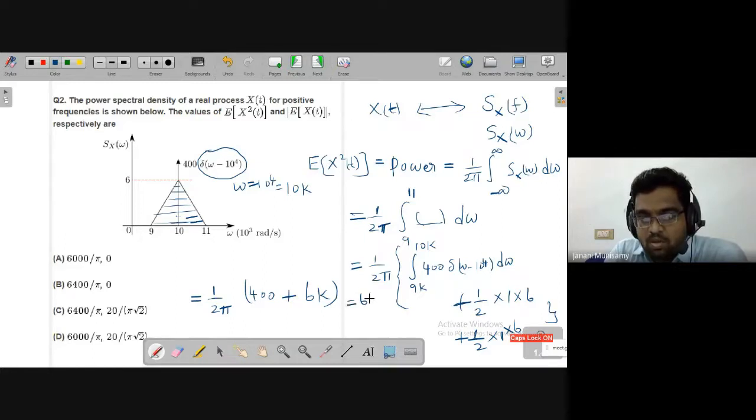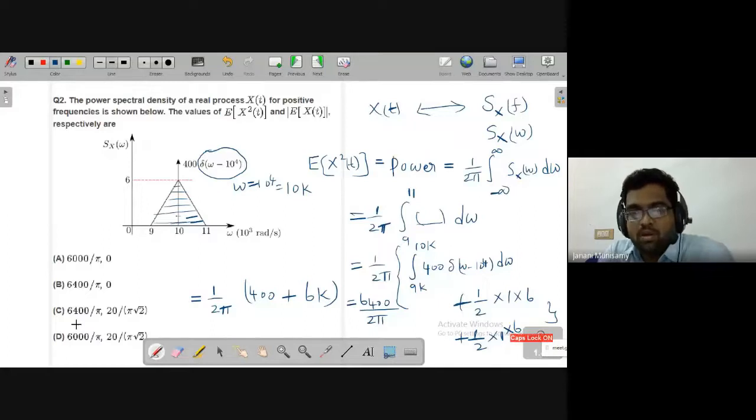So 6400 divided by 2 pi. But instead of divided by 2 pi, they are putting pi.